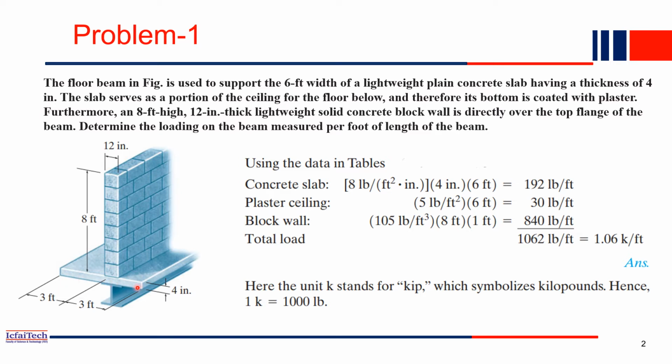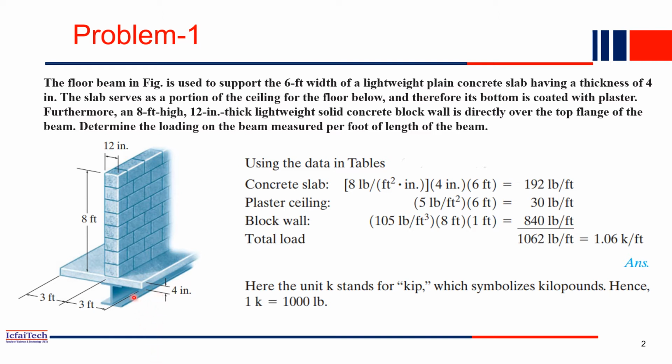The width of the slab is 6 feet, as mentioned, and the thickness is 4 inches. The slab serves as the portion of the ceiling for the floor below. So basically this is a floor slab, and below that there is a floor.